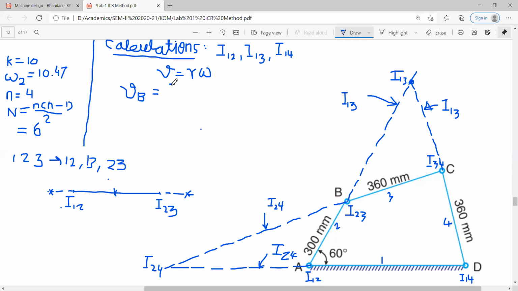If point B is on link 2, which ICR will be applicable here? लिंक 2 का ICR क्या है? I12. ओके, अभी B को हमने क्या अज्यूम किया है? लिंक 2 पर. तो लिंक 2 का ही ICR यूज करना है. I12 से पॉइंट B का कितना डिस्टेंस है?